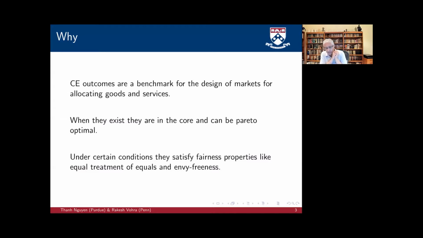Okay. Now, I mentioned pseudo markets, so let me say a little bit more about that. Frequently, within organizations and firms, one has to allocate scarce resources, and there is no internal market within the organization to do that. Two obvious applications of this setting would be assigning faculty offices to faculty, and the other is assigning courses to students.